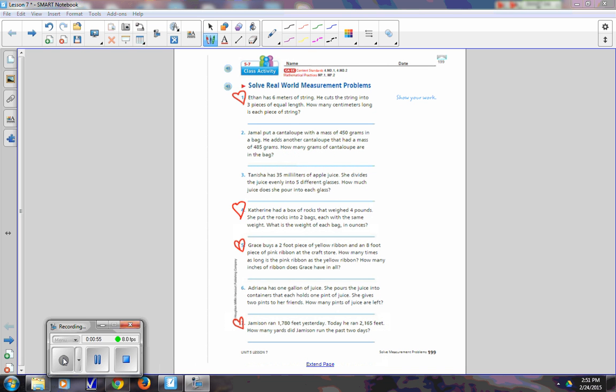Okay, so the ones with hearts next to them are the ones that I'm going to do. The ones with blue circles, 2, 3, and 6, you're going to do, and we will go over them in Math Workshop tomorrow for this page.